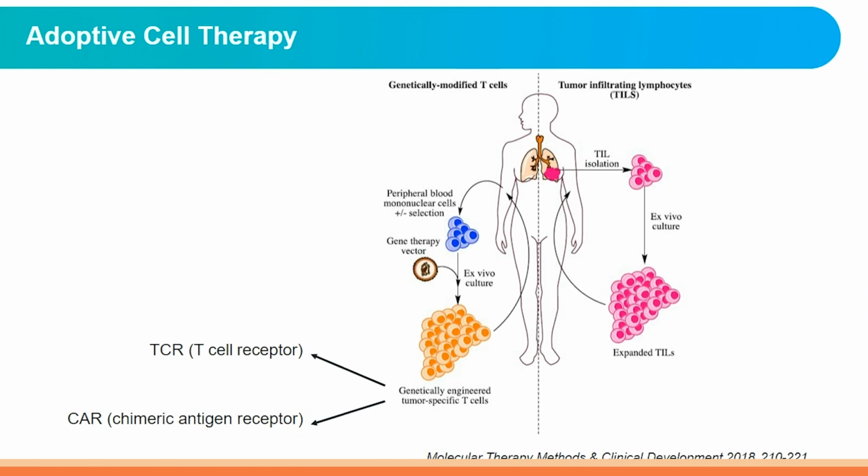In this talk, we will focus on the engineered T cells, where the T cells are extracted from patient's blood and genetically modified to encode receptors that recognize tumor-specific antigens. In general, there are two types of genetically engineered tumor-specific T cells, including T cell receptor or TCR T cells, and chimeric antigen receptor or CAR T cells.